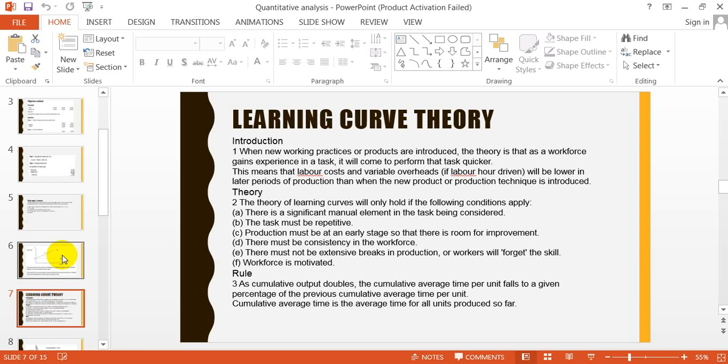You are not changing your workforce over and over, because each time you bring a new employee, they will go back to the beginning and start learning afresh. The fifth one is that there must not be extensive breaks in production, or workers will forget their skills. If they take a very long break, when they come back again, they start learning afresh. And lastly, the workforce must be motivated.